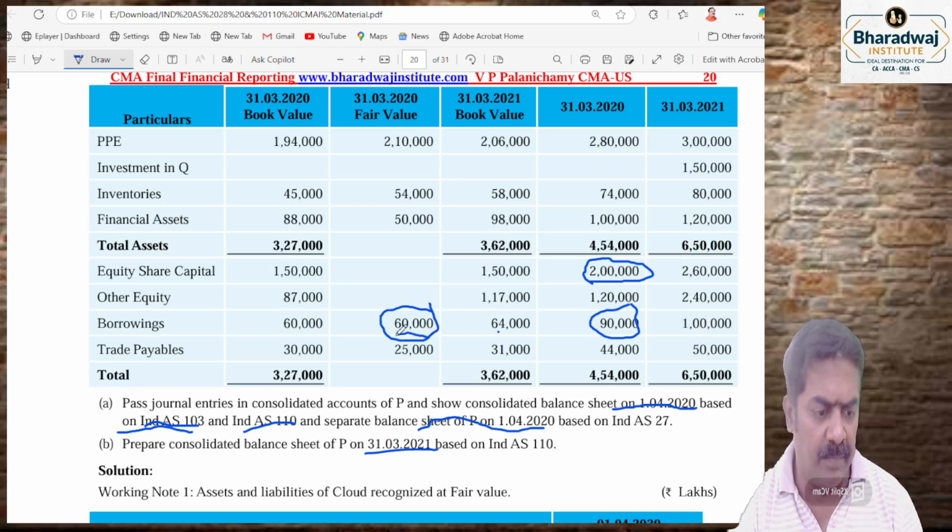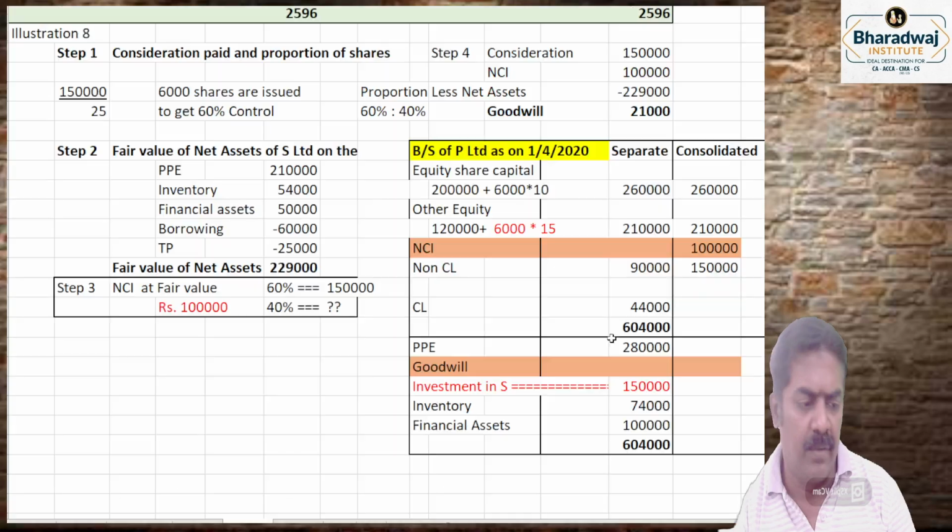Trade payable: 25,000 plus 44,000, how much?